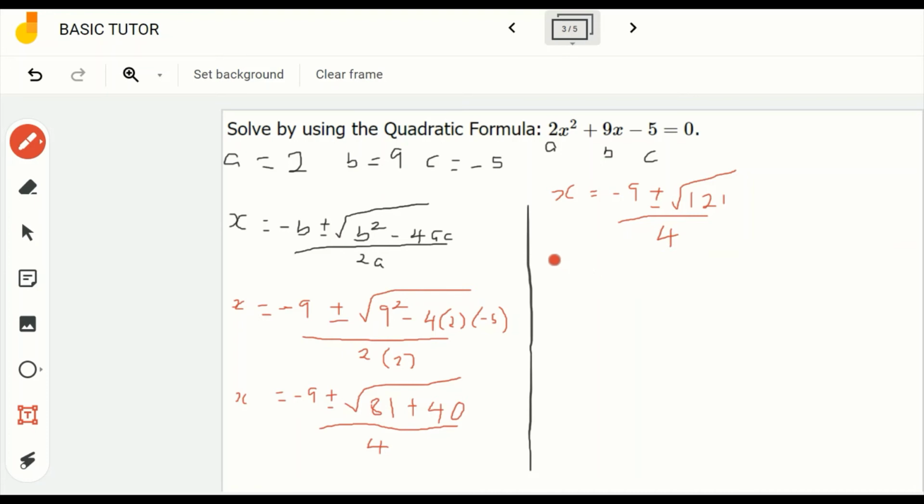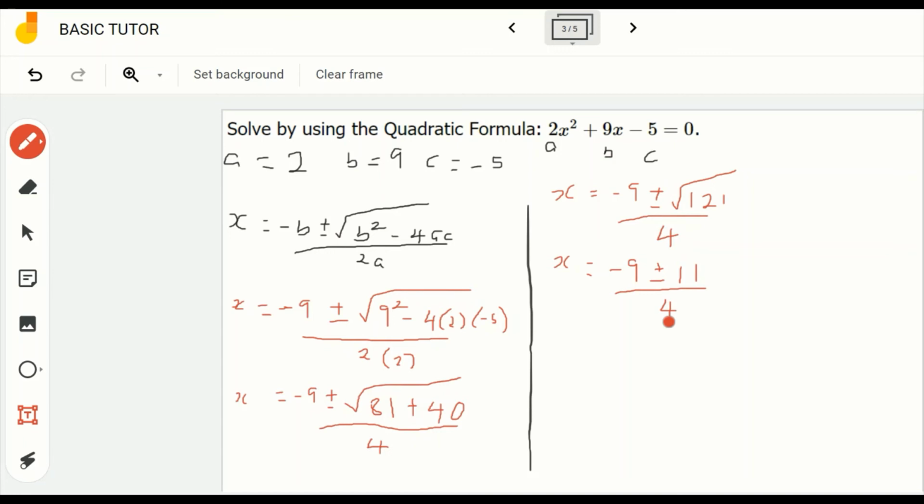Next step, we have x is equal to minus 9 plus or minus, the square root of 121 is 11, so we have 11 over 4.